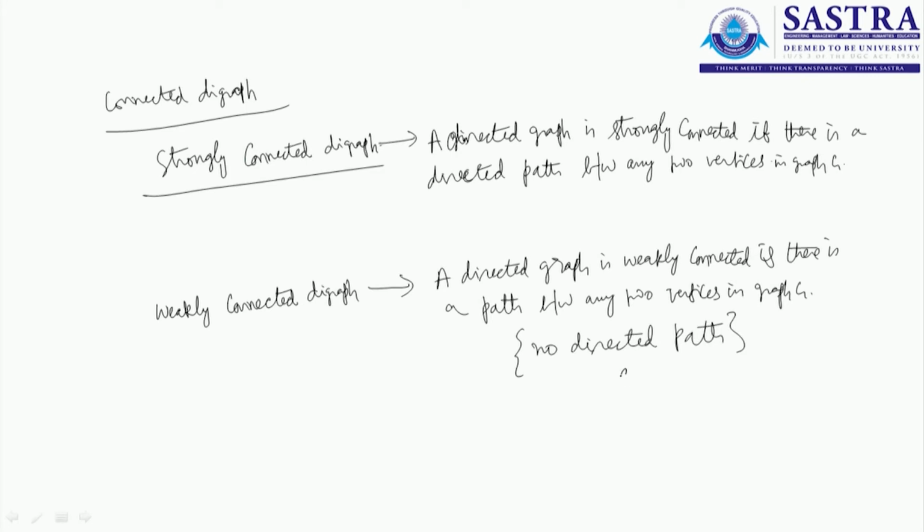So obviously it should have a semi path. So that is called the weakly connected digraph. So you have two types of connectedness in the case of the directed graph. One is called the strongly connected digraph and the other one is called the weakly connected digraph.